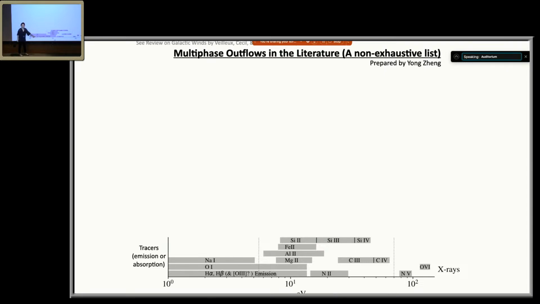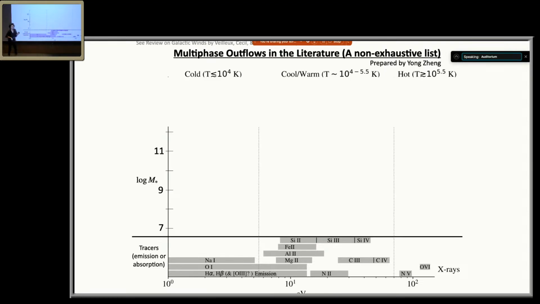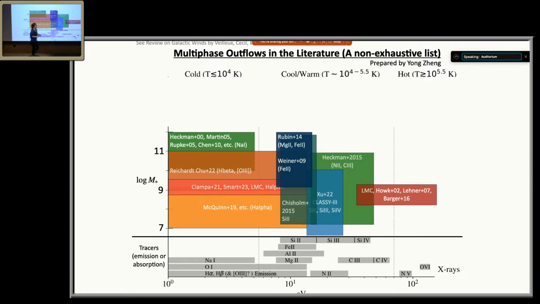This is the electron volt, and then we have something like sodium 1, oxygen 1, H-alpha, H-beta, then we go into lower ionization states, like iron 2, silicon 2, then higher ionization states, like what I do, carbon-4, X-rays. This is a proxy for the temperature. So this is relatively cold outflow, warm-ish, and very hot outflows. This is what the landscape looked like.